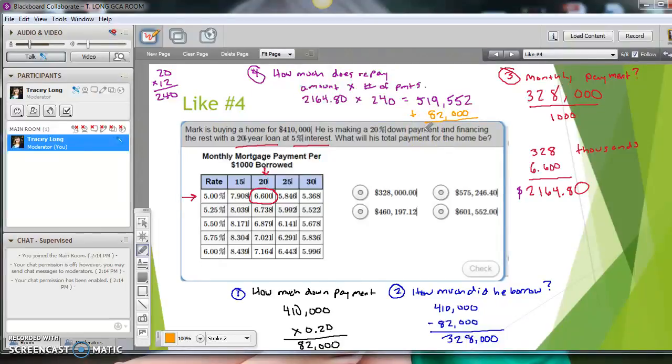And when I add those two together, plus 82,000, I find that he paid back $601,552, this answer choice here, on a house that only cost $410,000. Hopefully that'll help you see how much interest costs you, and the less you have to borrow, the better off you are. All right. Have fun with that one.